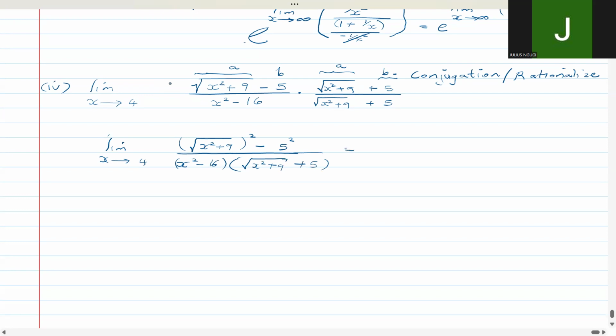So simplifying further, you have limit as x approaches 4 of the square of the square root, which is now x squared plus 9 without a square root, minus 25. This is divided by x squared minus 16 times square root of x squared plus 9 plus 5.